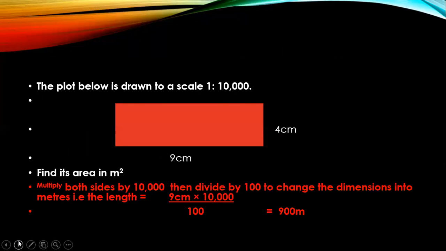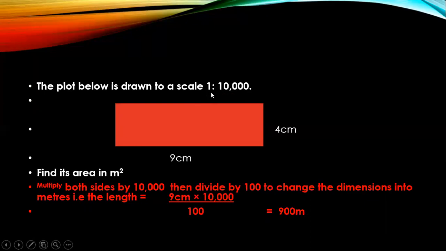The plot below is drawn to a scale of 1 centimeter represents 10,000 centimeters. Remember, in the previous lesson, we said that scale can be written as a ratio or in statement form. This scale has been written as a ratio.